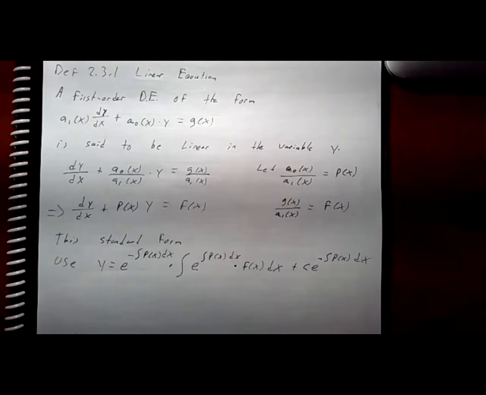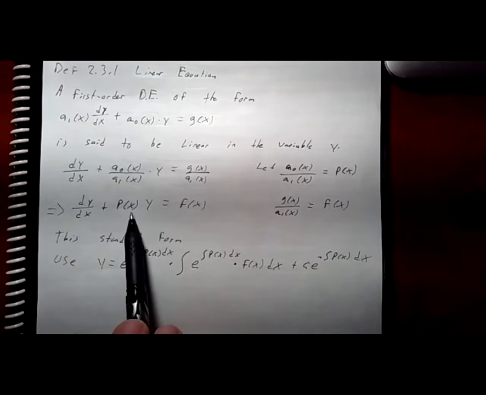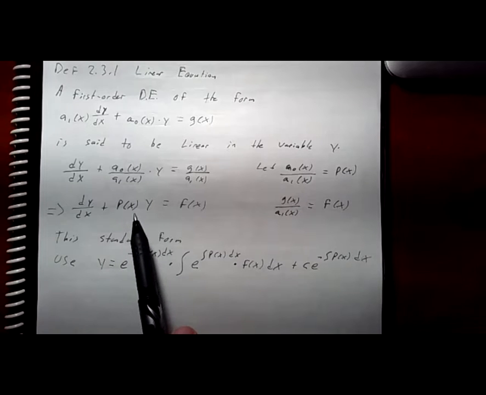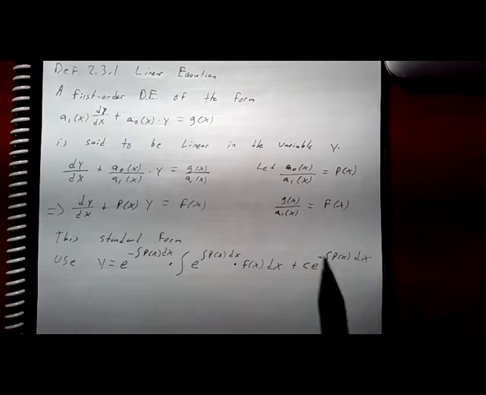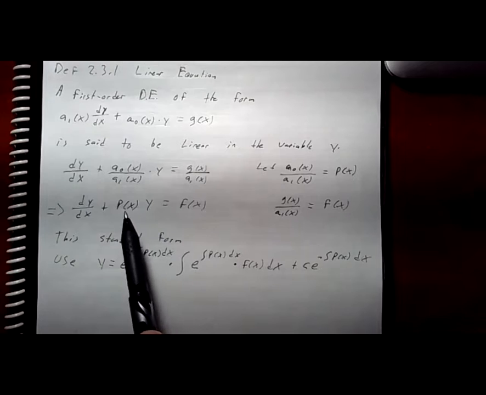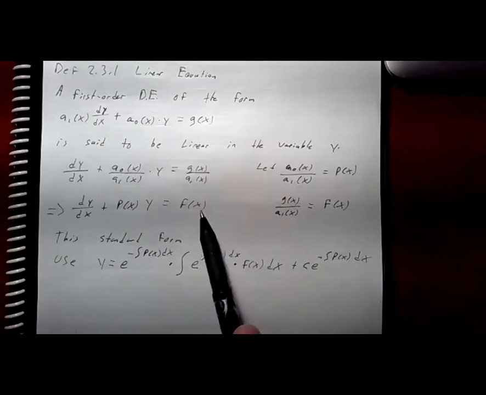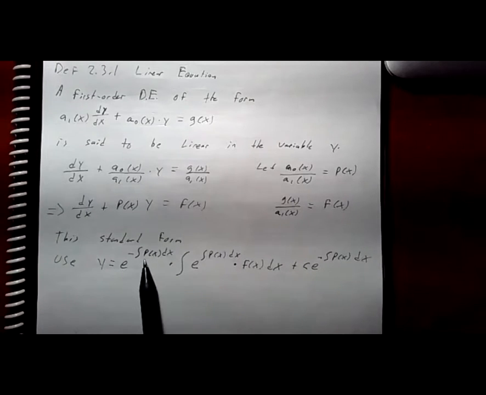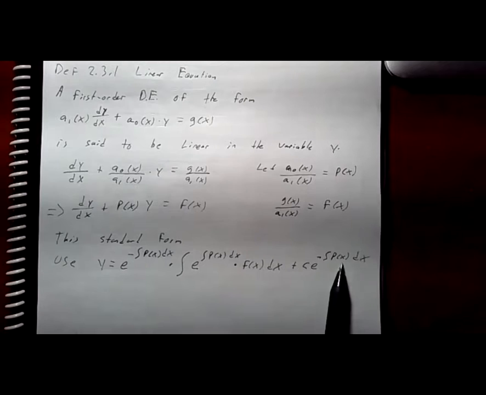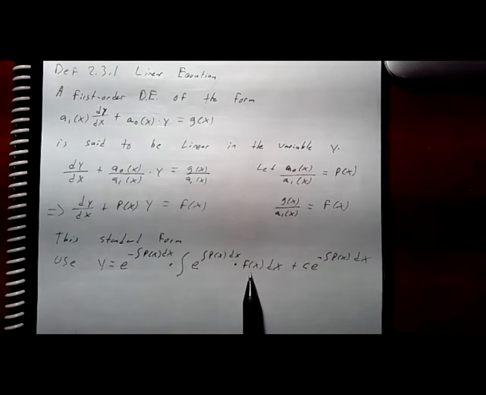Okay, so the P will always be the function, well, I guess we should just start calling it a function. Whatever is on the y, even if it's a constant, it's technically a function. It'd be a constant function, right? So anything on the y, assuming it's in standard form, will go here, here, here, and there. f will go here, assuming again, it's all in standard form.